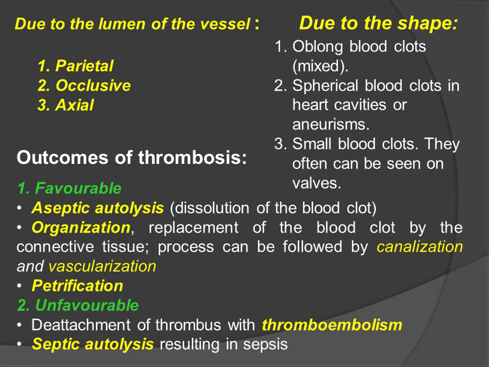Unfavorable outcomes: thrombus detachment with the development of thromboembolism. Next, septic autolysis is an unfavorable outcome which occurs when the blood clots become infected from the blood or vascular wall. It is accompanied by the development of septic hyperemia.